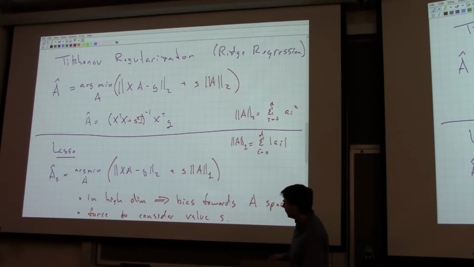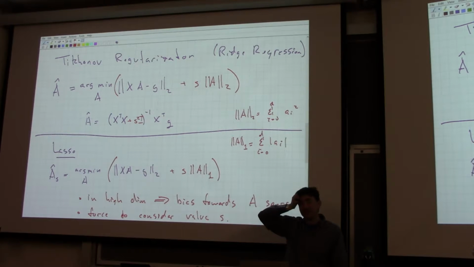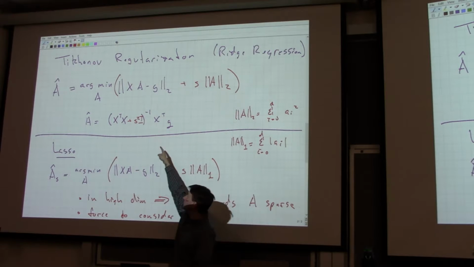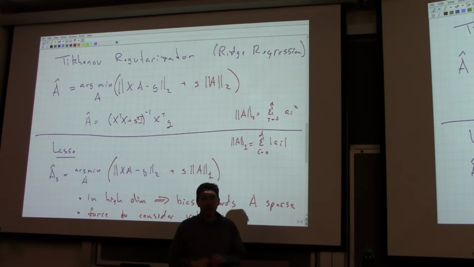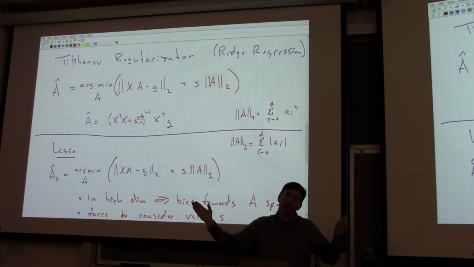Okay, so you're going to choose S with cross-validation, it turns out. But the good thing about the lasso, and it's kind of a blessing in disguise, is that there's no simple closed form solution for a single value S. The way you solve it generally is a way that solves it for all values of S simultaneously.